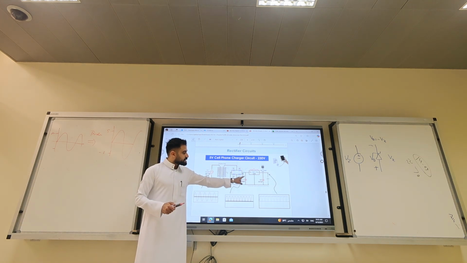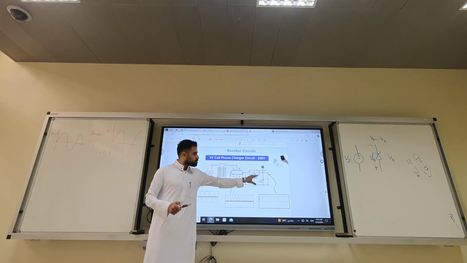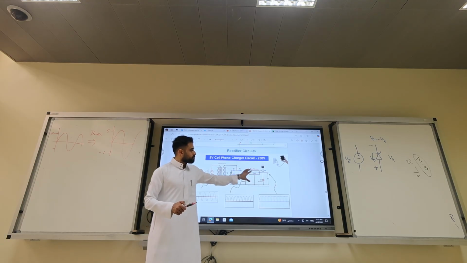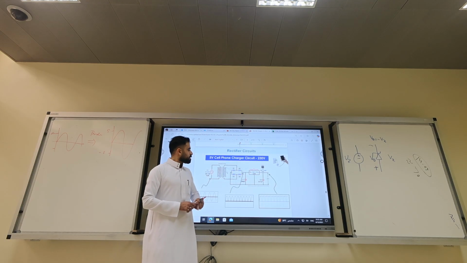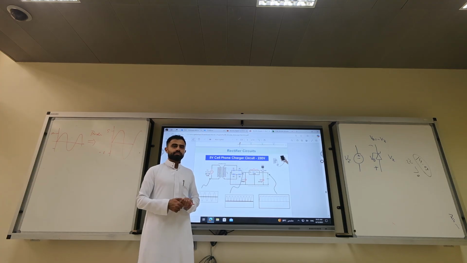What is this capacitor? C1 and C2. Okay, what is C1? Why do we have a C1 capacitor here? Smoothing. Smoothing capacitor. Both of them?